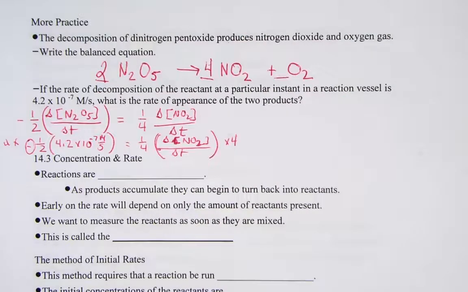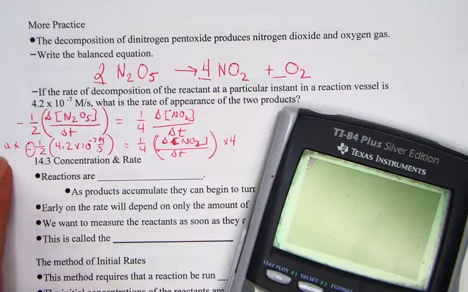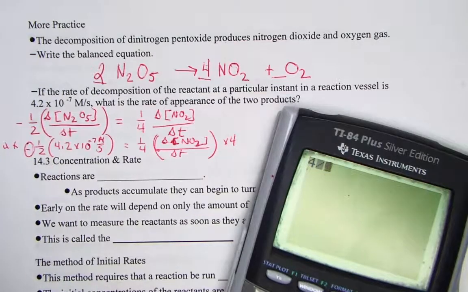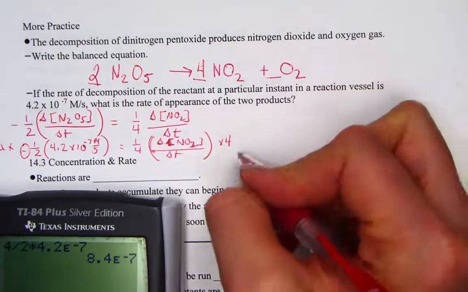So what we'll end up hitting is 4/2, 4 times 1/2, times the rate that was given of 4.2 e negative 7. And I find 8.4 times 10 to the negative 7th molarity per second.